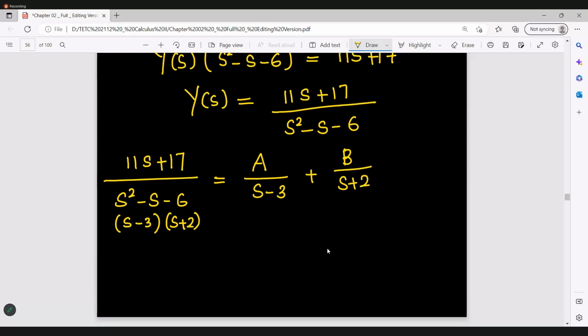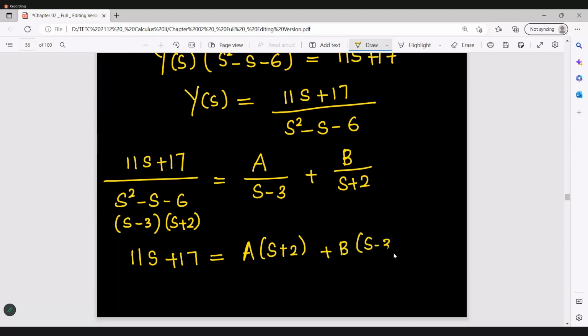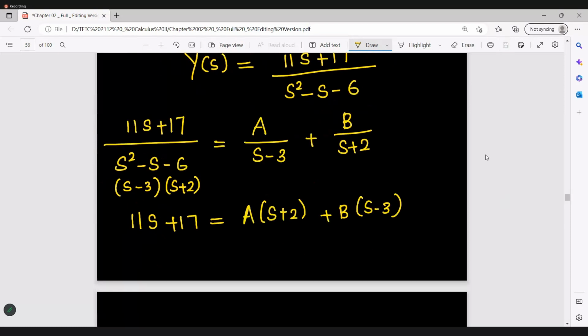Then we need to find the values of A and B. So we can write 11s plus 17 is equal to A times s plus 2 plus B times s minus 3. So then you need to find the two coefficients A and B. Do it by yourself. The answer will be A is equal to 10 and B is equal to 1.